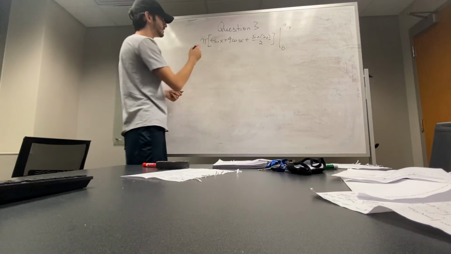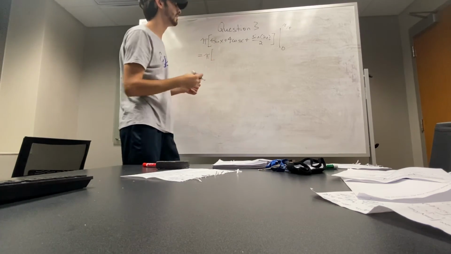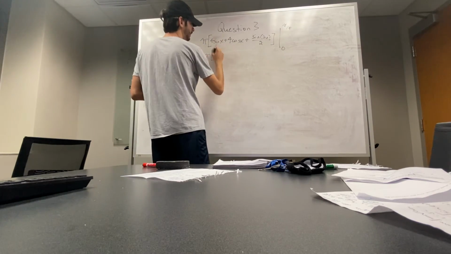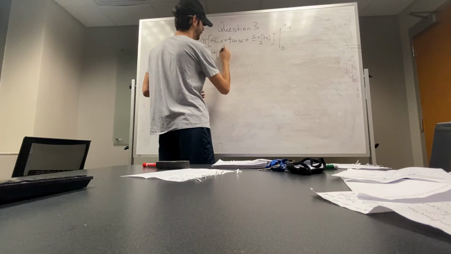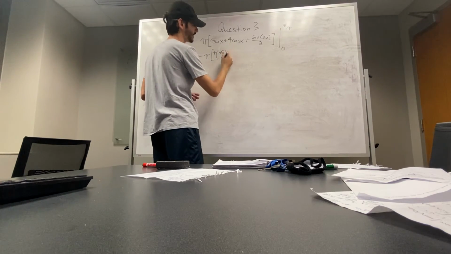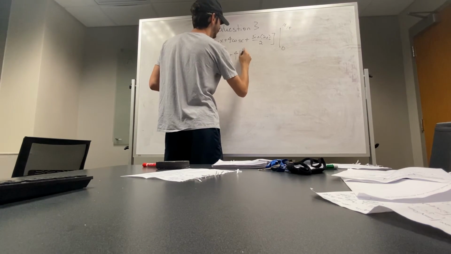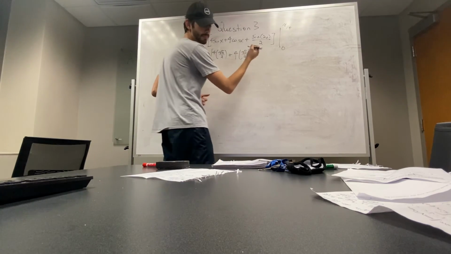Now we have to simplify this problem, which means we have to plug in these limits. So that's going to give us 4 times square root of 2 over 2, because that's what sine of x is, plus 4 square root of 2 over 2 plus 1/2.